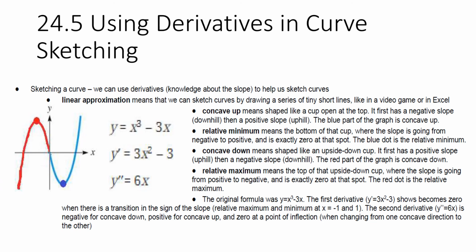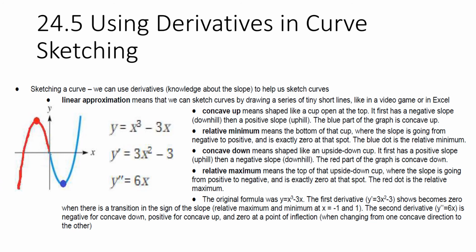So the second derivative really tells us if something is concave up, meaning it has a positive second derivative, or concave down, meaning it has a negative second derivative. Also, when the second derivative is exactly zero, neither positive nor negative, that tells us where the concave up meets the concave down, where the red line meets the blue line.